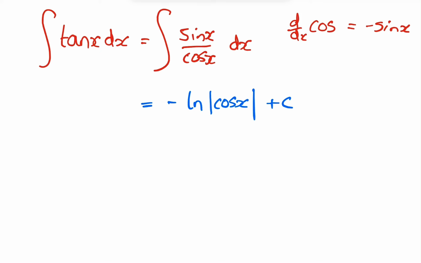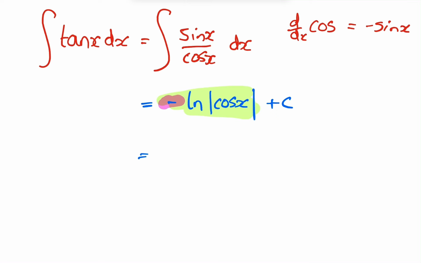Because when I now differentiate this, I'm going to differentiate cosine to get negative sine. That's going to cancel with this negative here to make positive sine. The denominator is just going to be cosine, and we're going to be left with sine over cos. Now just to simplify this a little bit, we can use the laws of logarithms.